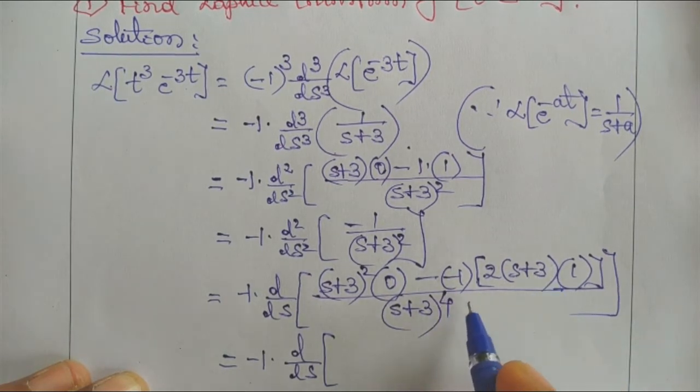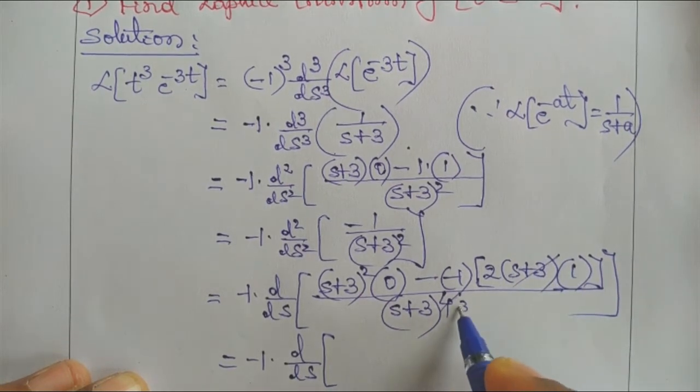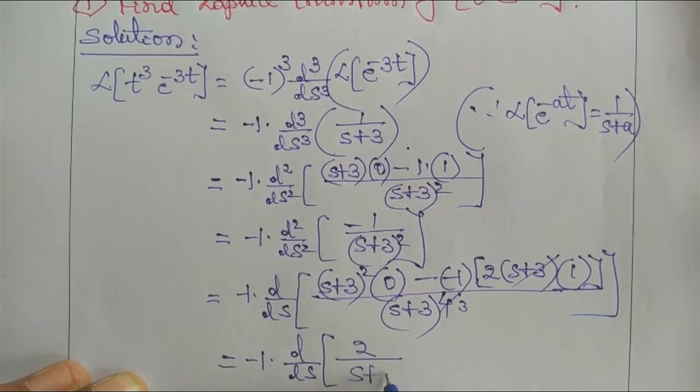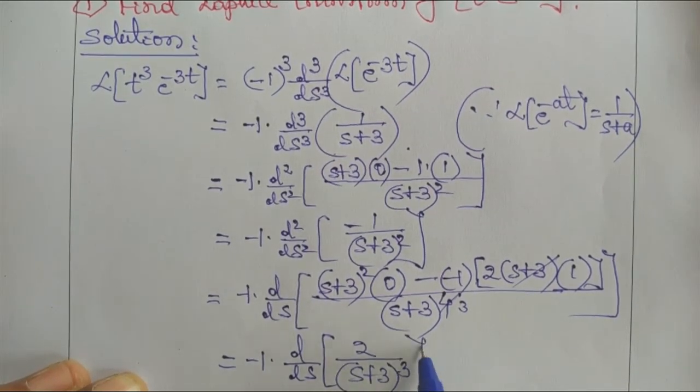This s plus 3 gets cancelled, so cube will be there. So 2 divided by s plus 3 whole cube.